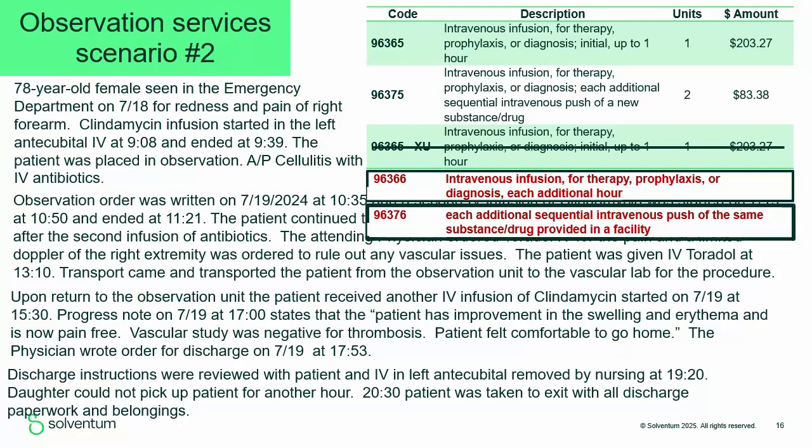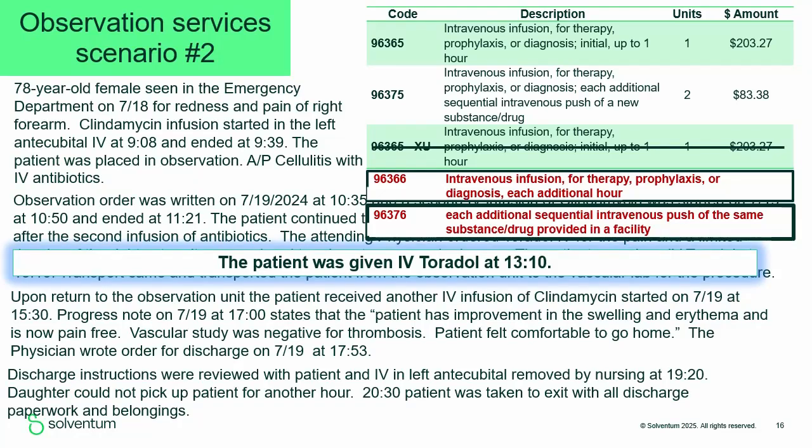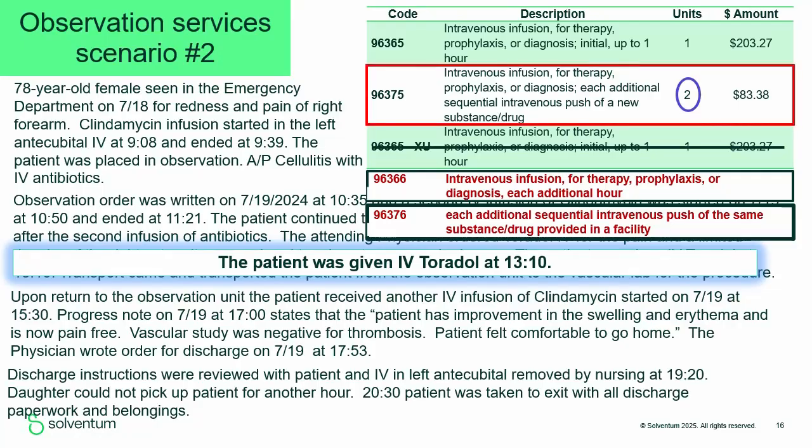And lastly, we have that IV Toradol. This is correctly reported with 96375. However, the units are incorrect because we only had 1 push of IV Toradol, and the push for the clindamycin would be of the same drug off from those infusions.